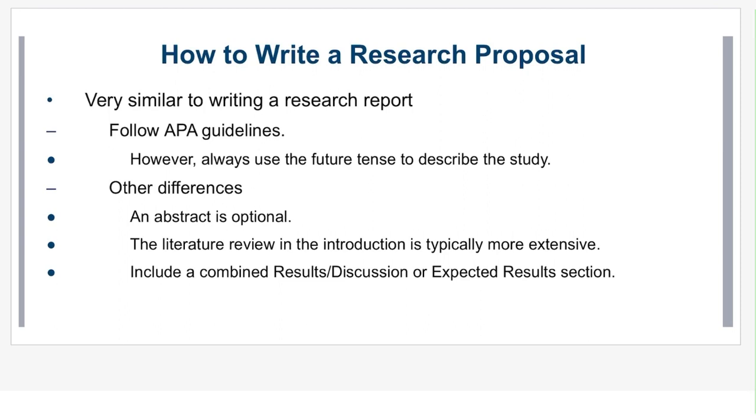And that will just basically talk about how data will be collected and analyzed. So the statistics that will be used on the data, and what the expected results are, and any other plausible outcomes or implications that may happen from the results that you hope to obtain. Again, all very future tense because it hasn't happened yet.